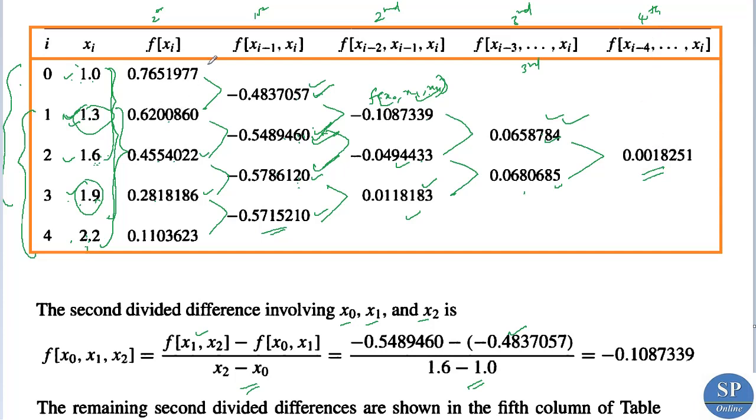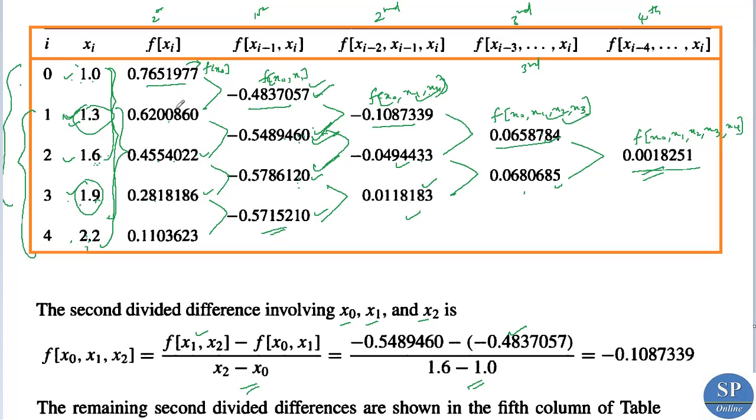This is f of x naught. This is f of x naught, x1, the first divided difference. This point is f of x naught, this is f of x naught x1, this is f of x naught x1 x2, this point is f of x naught x1 x2 x3, and this is f of x naught x1 x2 x3 and x4, using all the values.